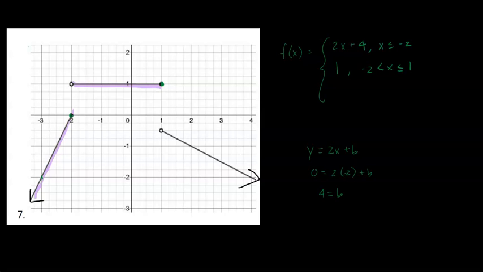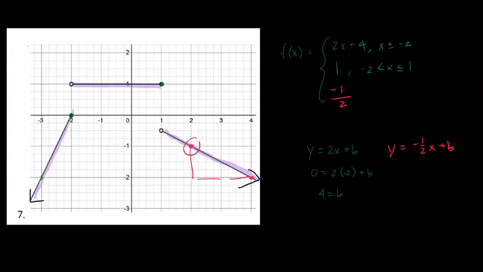Okay, now let's tackle this line right there. So I don't like that half. I'm going to use that point right there and this point right there. Down 1, down 1, and to the right 2. Right 2, that's -1/2. And if I write that, -1/2 x plus b.